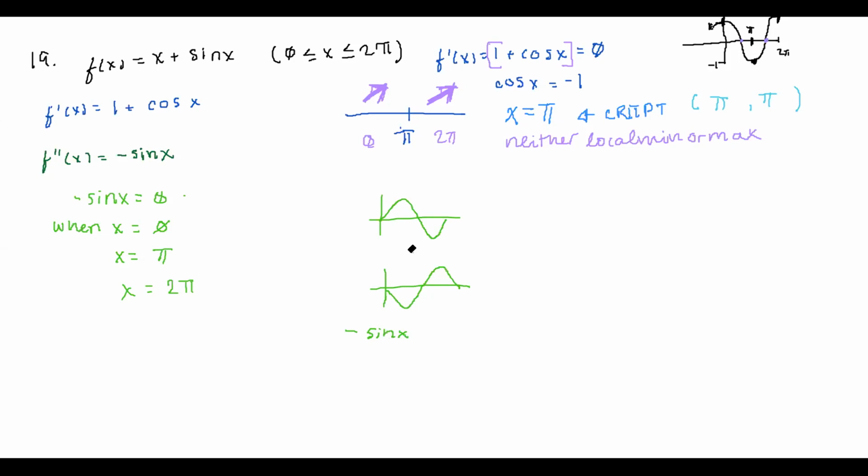And there are 3 points where it is equal to 0. Here at 0, here at pi, and here at 2 pi. And all 3 of those points are within our range, or domain, rather. So those are our 3 inflection points.